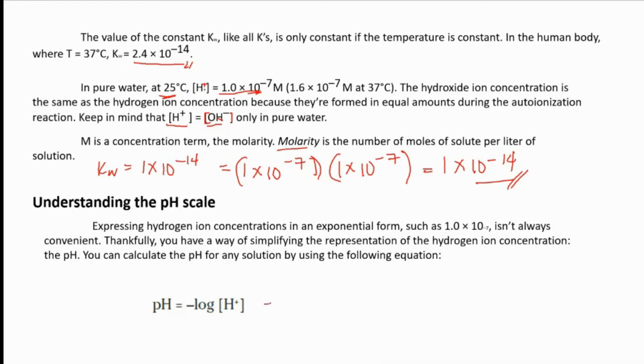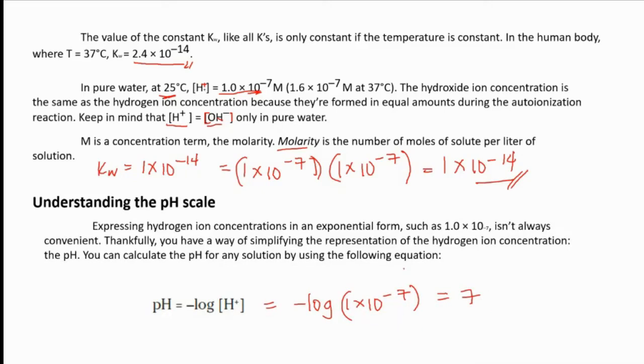So example, we have negative log of 1 times 10 raised to negative 7. Ano yung value, guys? Seven, ma'am.